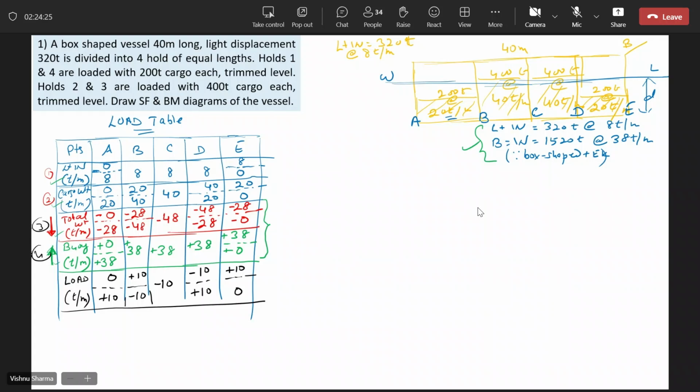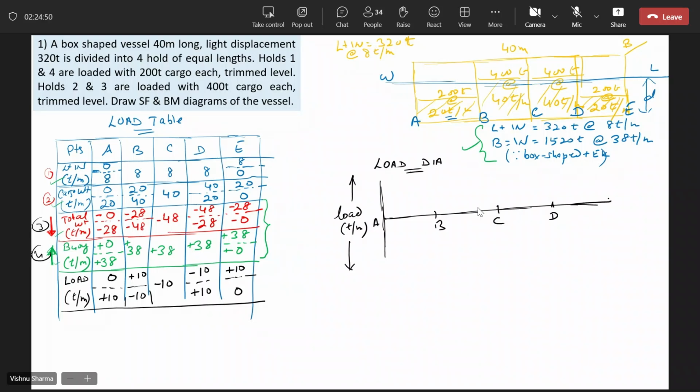Now, we'll make the load diagram. On the y-axis, I'll have the load, in tons per meter. A, B, C, D, and E. Since the values are symmetrical, plus 10 and minus 10, I can take plus 10 and the same distance on the other side, minus 10.